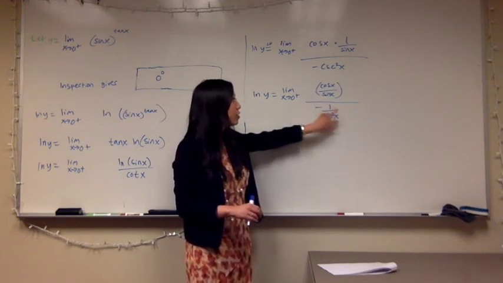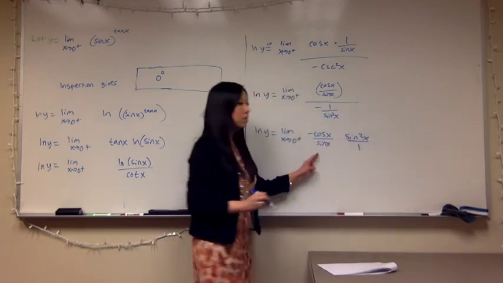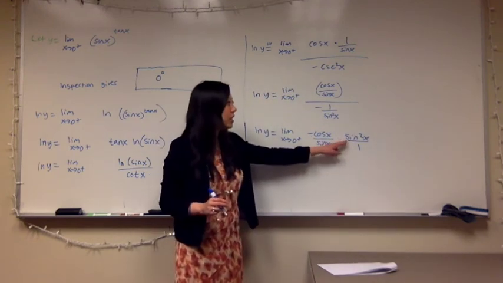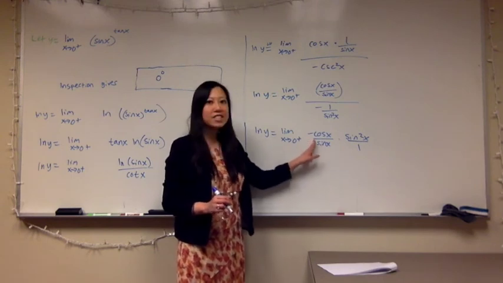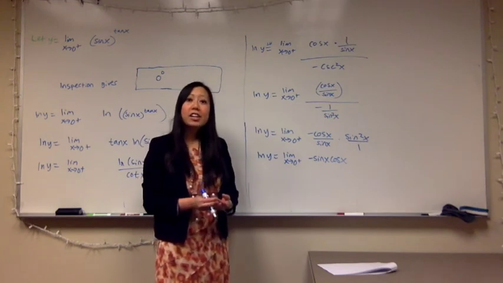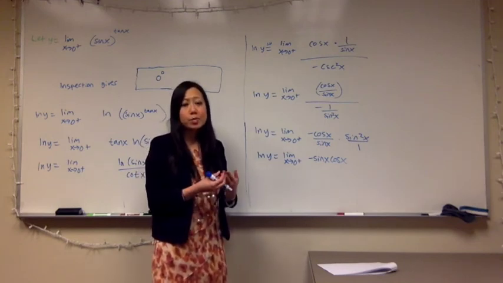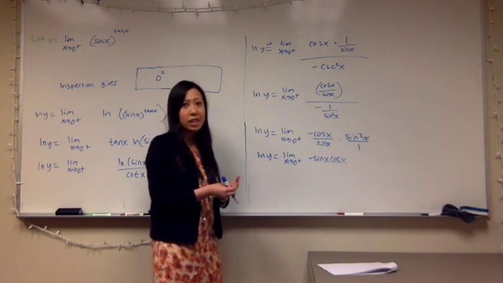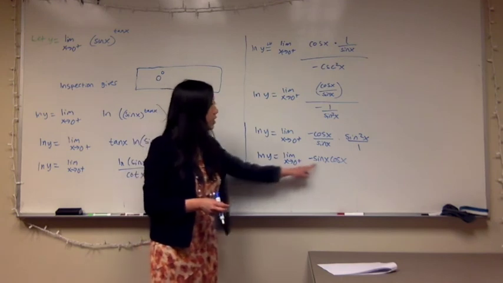I could flip the denominator's fraction and multiply. When I flip and multiply, I get this. These signs cancel out, so I'm just left with negative sine x cosine x. So always simplify before trying L'Hopital again, because maybe you don't have to do L'Hopital. Otherwise, you might be doing L'Hopital forever. So simplify first.